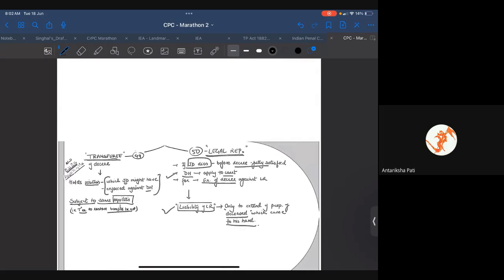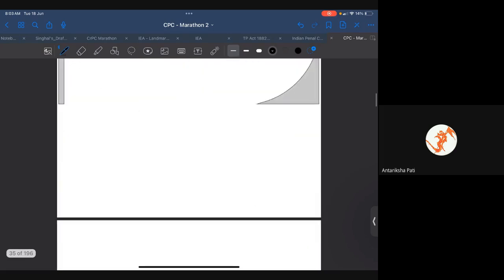Now, the transferee of a decree will also hold the same position, and it can be enforced against him also. Now, the legal representative also: if the judgment debtor dies, then in that case the decree holder can apply to the court for execution of the decree against the legal representative, but the legal representative's liability will only extend to the property of the deceased which came to his hand. So not out of his personal property, but only the property that he inherited from the judgment debtor. Only those properties will be subjected to liability.